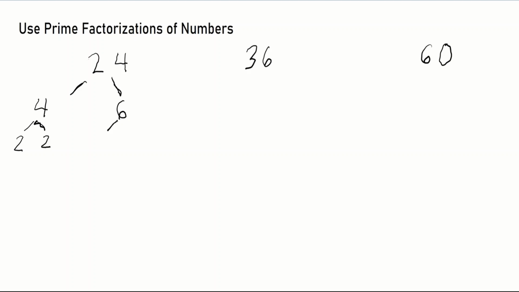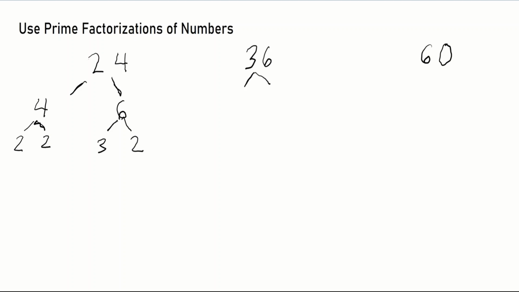And we could break down 6 into 3 times 2. And from there, we cannot go any further since 2 and 3 are prime numbers. We could use any pair to start this tree. We just chose 4 and 6, just because.